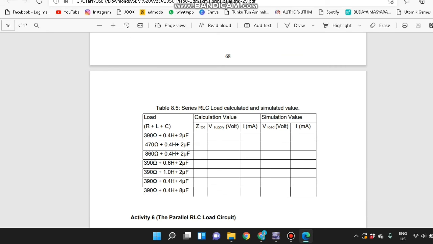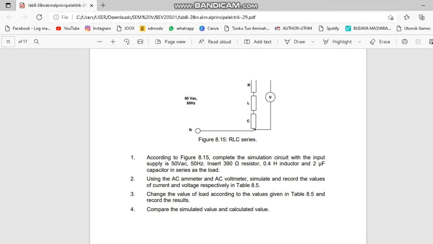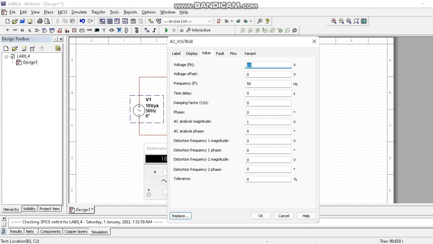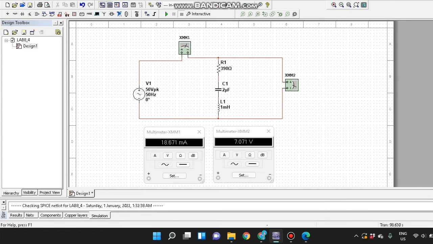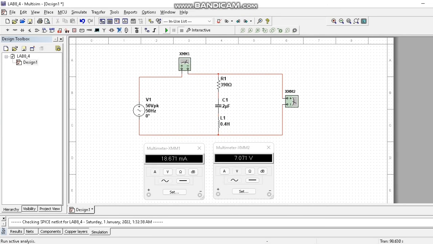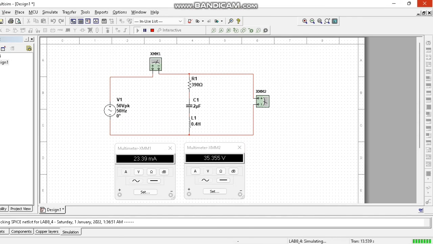From this table we have 390 ohms for the resistor, 0.4 Henry for the inductor and 2 microfarad for the capacitor. And the VAC is 50 volt. So you can see we get our result here for the current and for the voltage. That's all from me. Thank you.